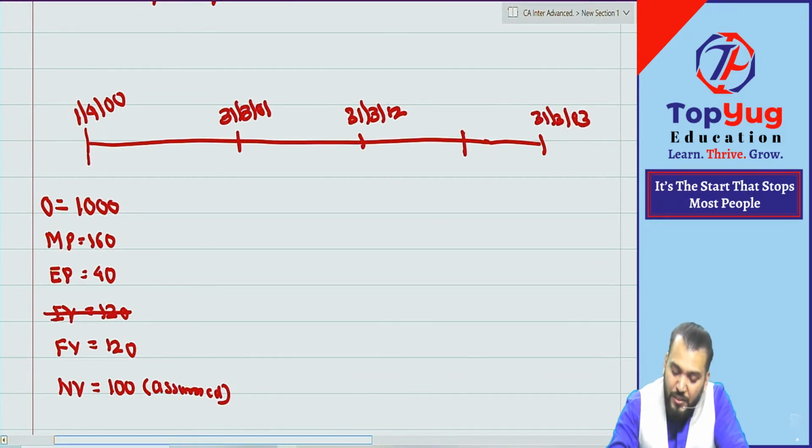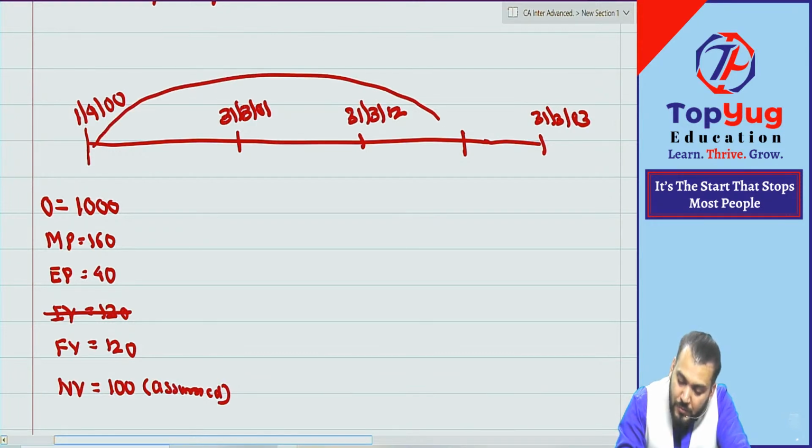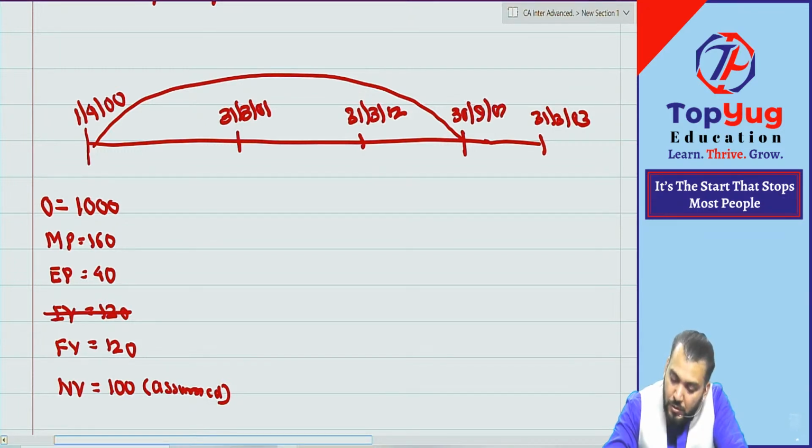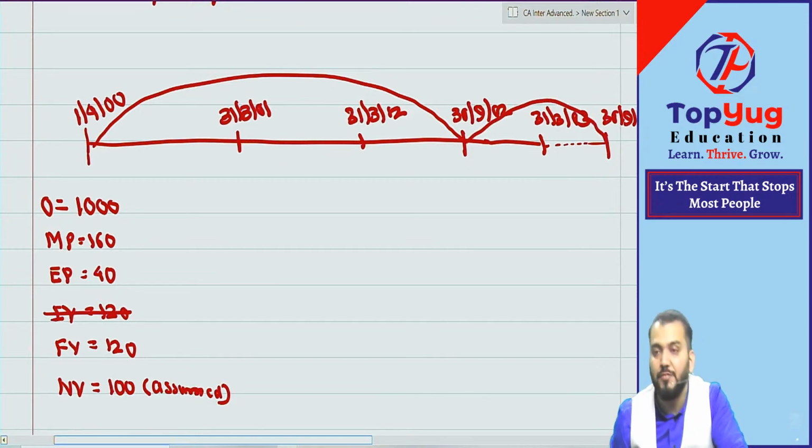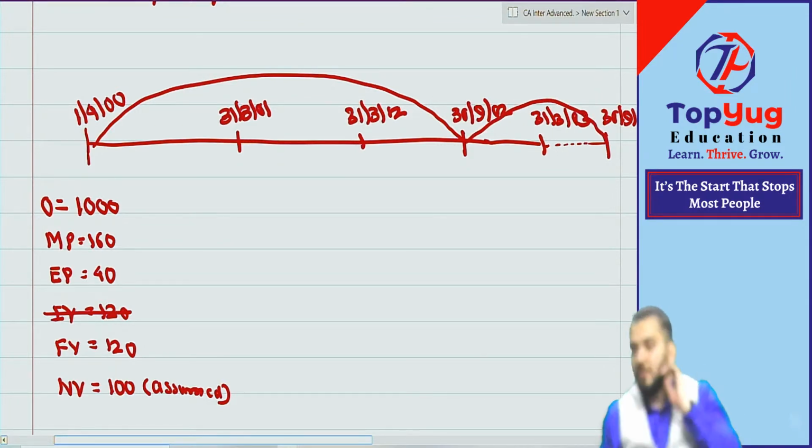But the vesting period is 2.5 years, so 30 September 2002, and the exercise period is 1 year from this, that is 30 September 2003. This is the exercise period.